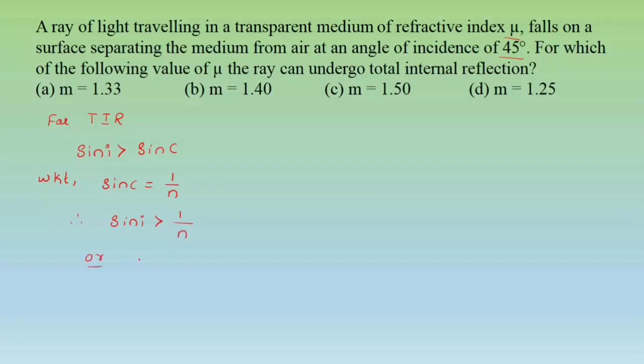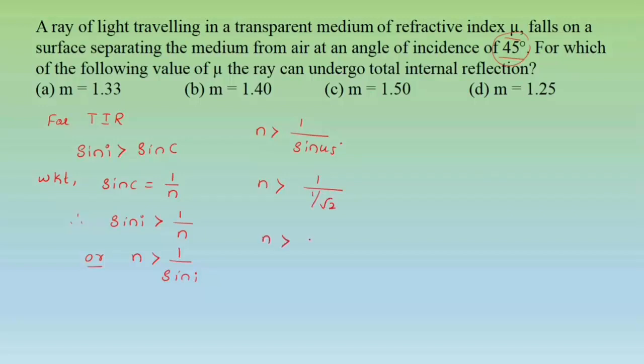Or we can write it as n is greater than 1 divided by sin I. The value of I is given as 45 degrees. So n is greater than 1 divided by sin 45, which is 1 by root 2.